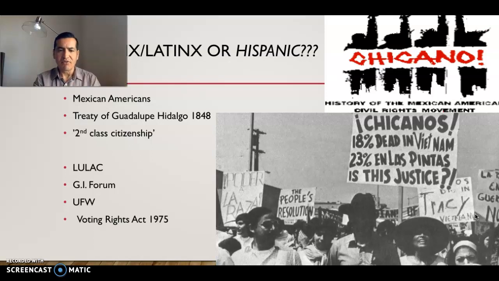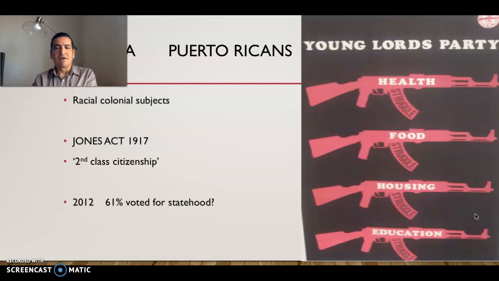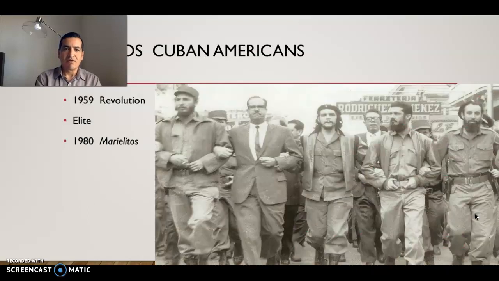In the eye of the dominant American forms of citizenship, we see these groups begin to emerge. On the East Coast, you have the Boricuas and the Puerto Rican movement, who are also integrated as what Ramon Grosfoguel calls racial colonial subjects. We see the Young Lords Party emerge, and you also got to see and hear from Oscar Lopez Rivera this semester, in his movement for independence in Puerto Rico.